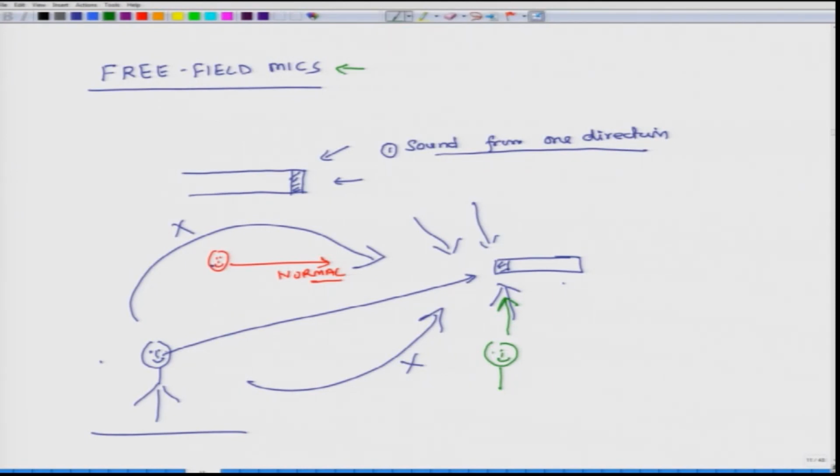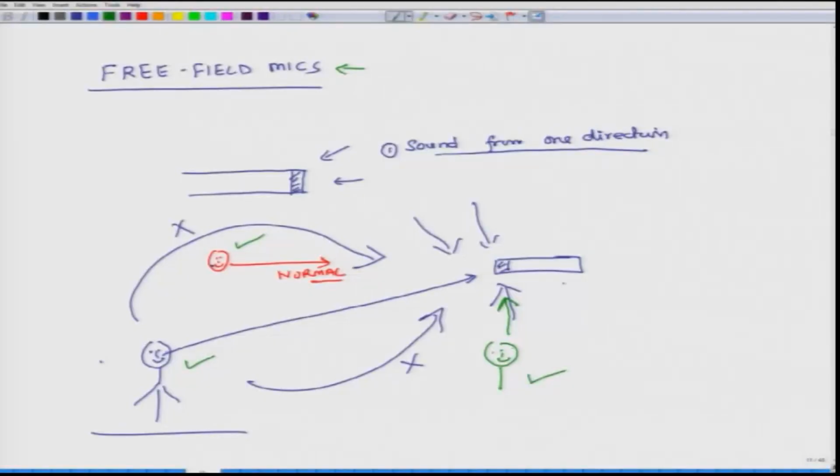Normally, what do you expect such a microphone to do? Suppose the person is here, or at this location, or at this location, the microphone should be able to measure sound coming from all the directions. In each case, sound is only coming from one direction, but if the source moves, it should still be able to measure, and it should be equally sensitive to all the directions.